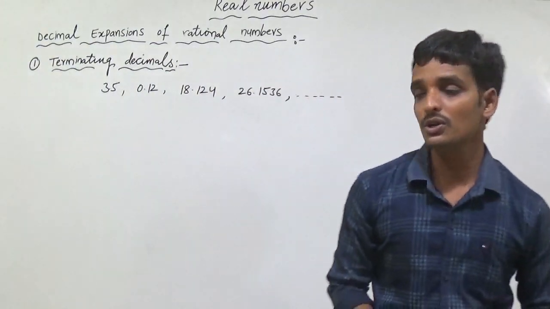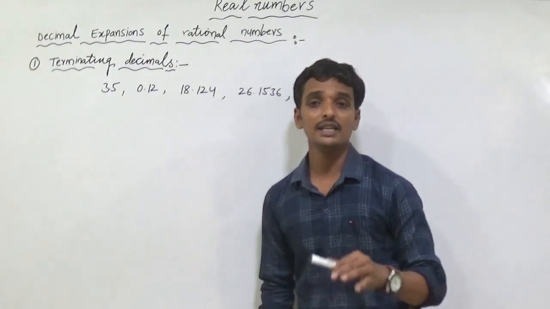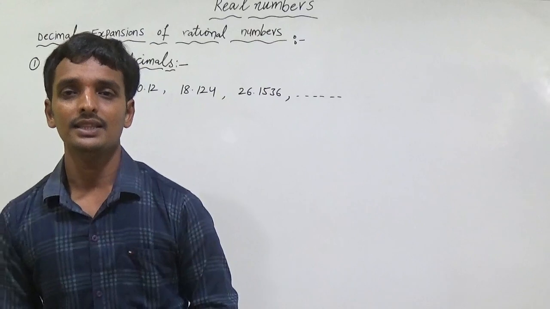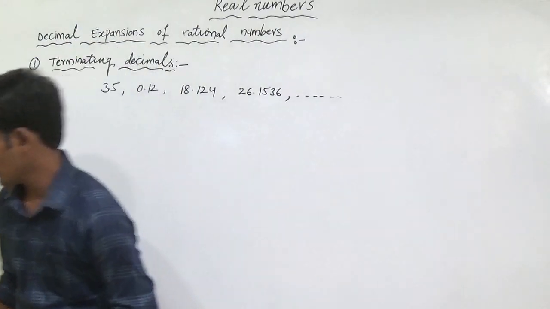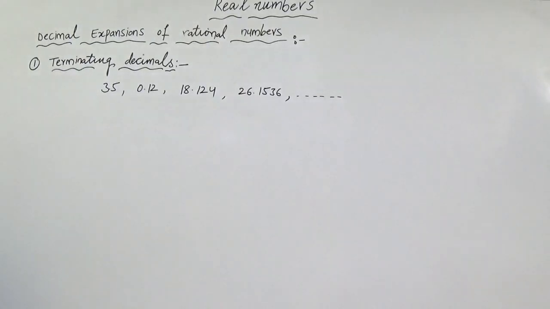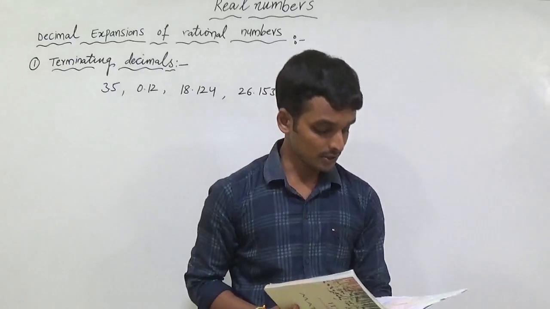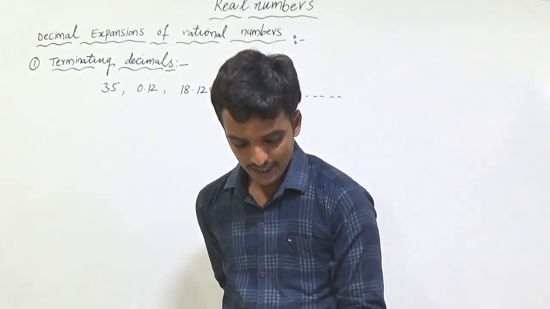When you are writing the notes, write some more examples of terminating decimals. These terminating decimals are rational numbers. We have some notes in our textbook. There is a criterion for rational numbers to be terminating decimals.